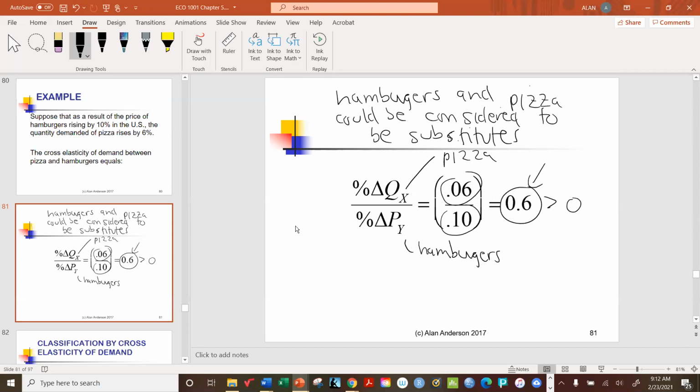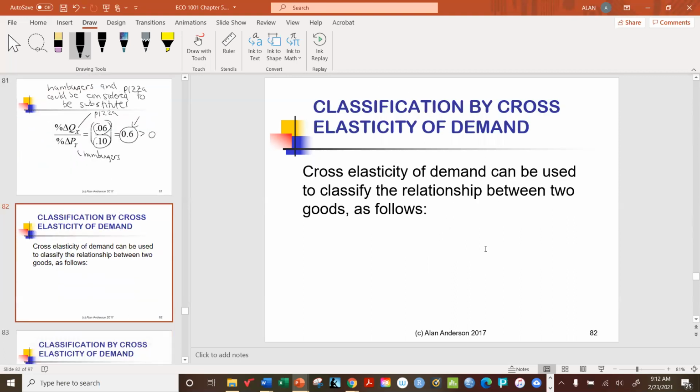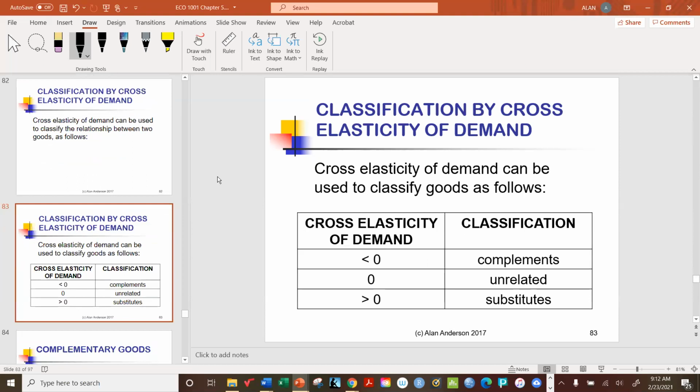Well, that implies that negative cross elasticities would represent two goods that are complements. All right, so let's confirm that with our chart. That's it. All right, so in other words, if the cross elasticity is negative, we have complements. Positive means substitutes. Zero simply means they're not related to each other.